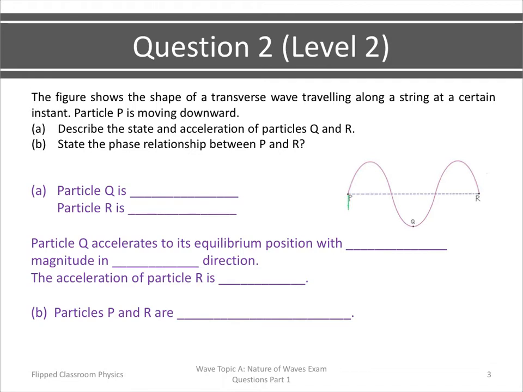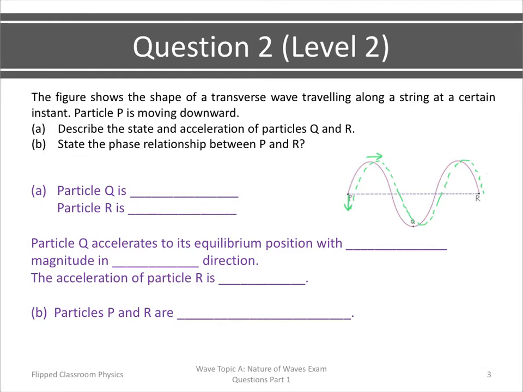As P is moving downward, we can use a dotted line to show the waveform a moment later, like this. You can see the wave is moving to the right.